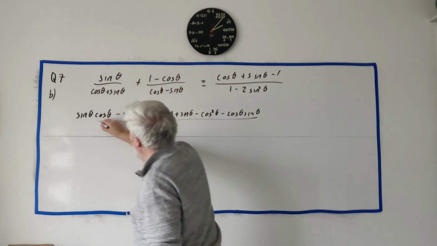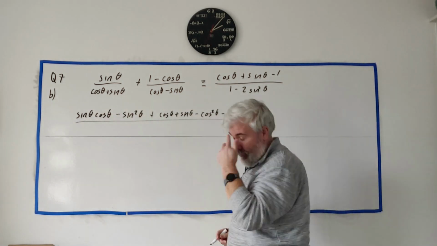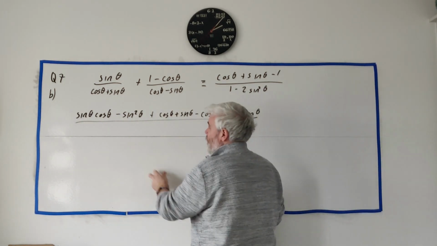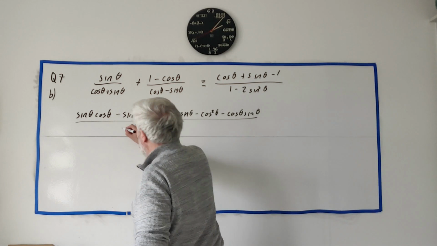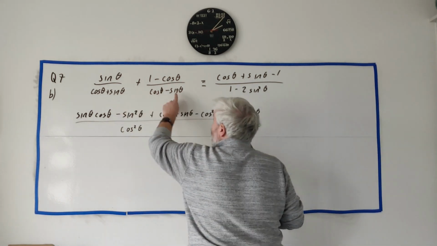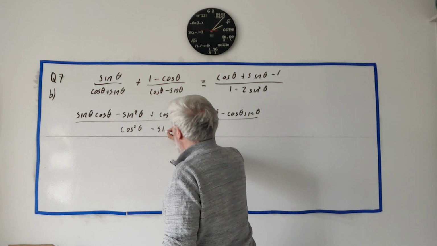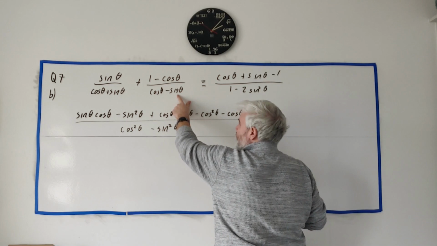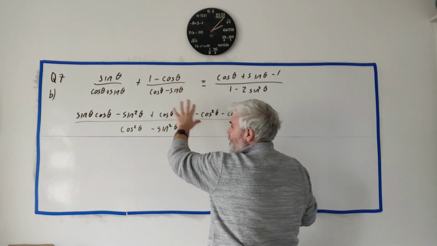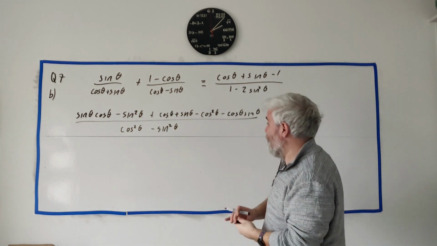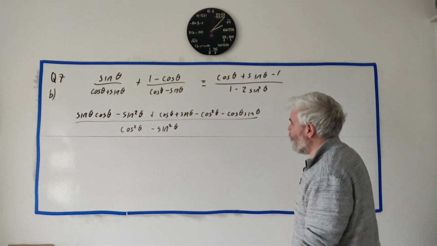And all of this will be over these two multiplied. Now thankfully these are conjugates of each other. So we get cosine times cosine is cosine squared theta. Sine times sine is minus sine squared theta. Then we'll get cosine times sine, which is minus that, plus sine times cosine, which are just opposite, they cancel. That's all we're left with on the bottom.